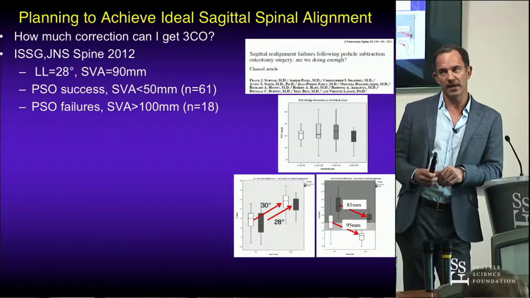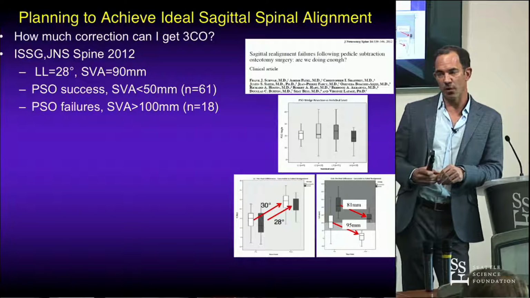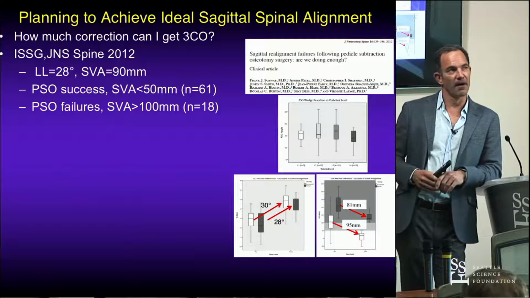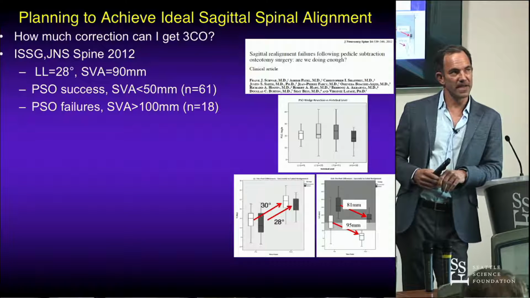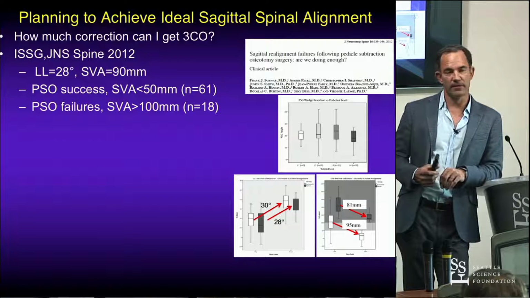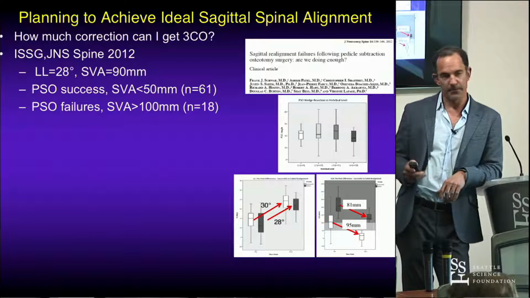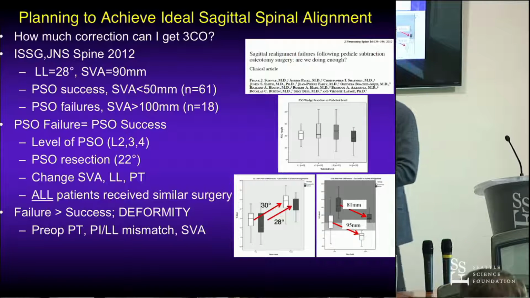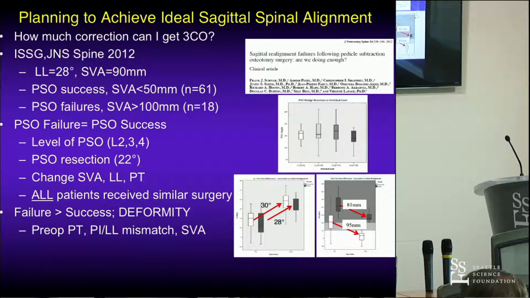But then what we did is we broke down PSO successes and failures. We used a cutoff of SVA of roughly 50 as a success, and over 100 as a failure. And what we found in this cohort of relatively thoughtful surgeons is that the level of the PSO, the distribution, and the resection angle of the PSO were the same between the groups, successes and failures.